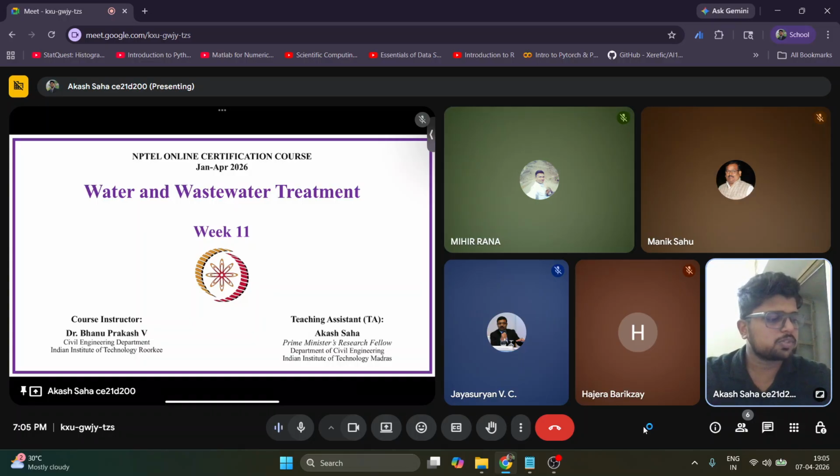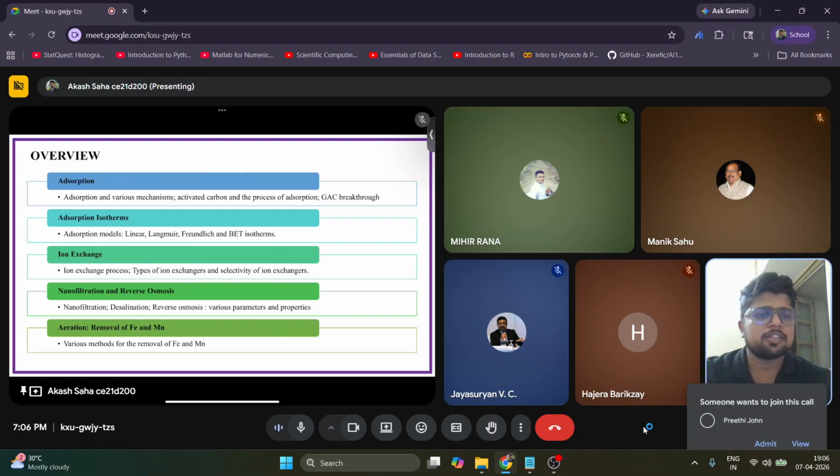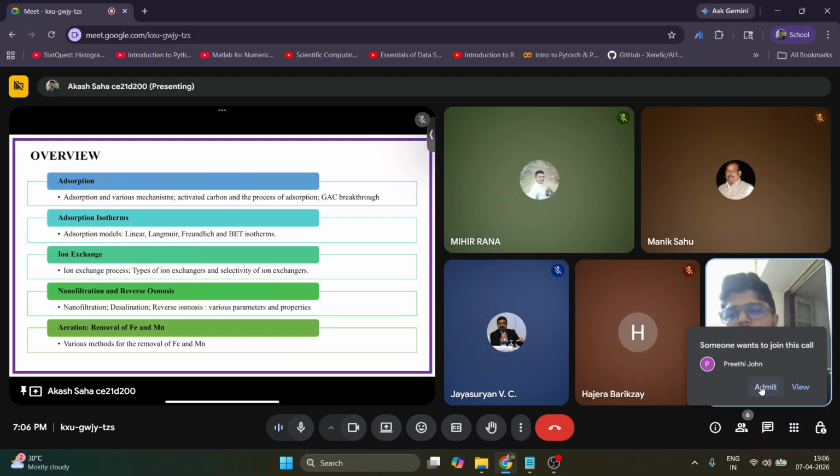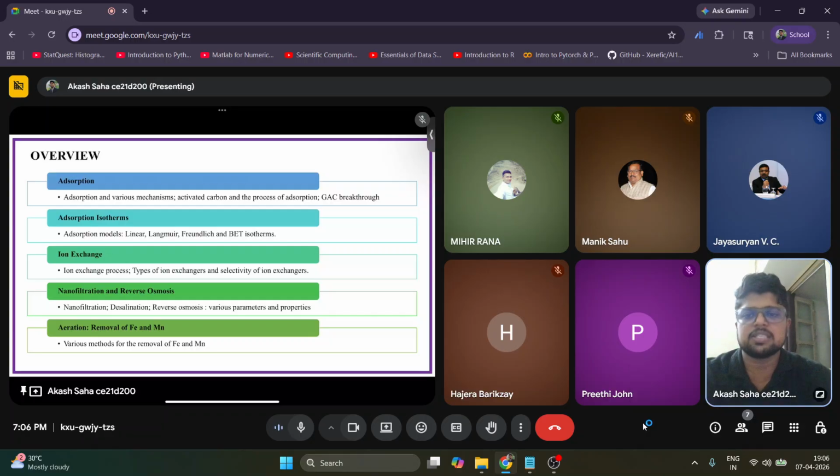Okay, so let us quickly see the contents of week 11. In week 11, we discussed adsorption and the various mechanisms of adsorption, how activated carbon is used in the process of adsorption, what we mean by GAC breakthrough, and then various isotherms related to adsorption, like the linear, Langmuir, Freundlich, and the BET isotherms. Then we also discussed the ion exchange processes, the different types of ion exchangers, and the selectivity of these ion exchangers.